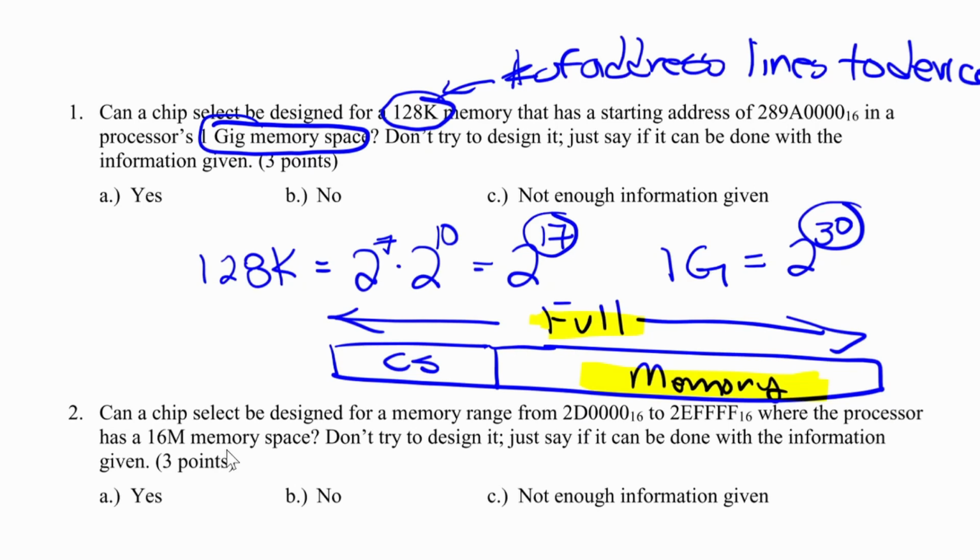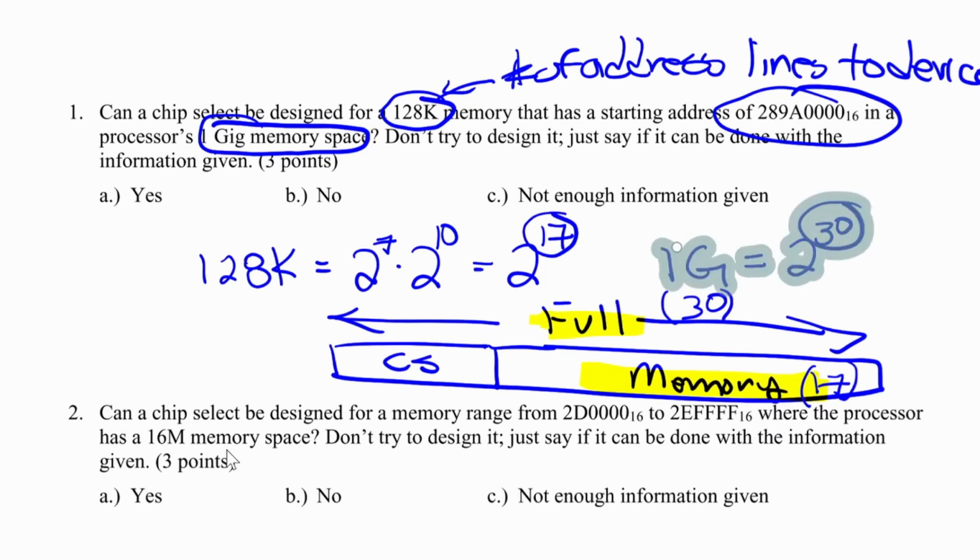Well, hopefully that's taken care of with this piece right here. The memory has a starting address of 289A0000. We know that there are 17 lines going to the memory address, and we know that the full address has 30.